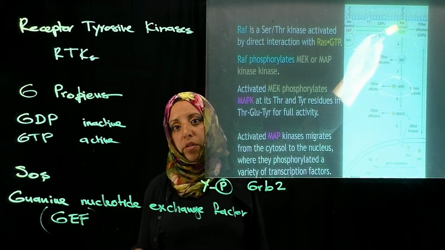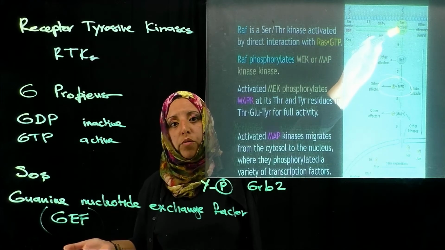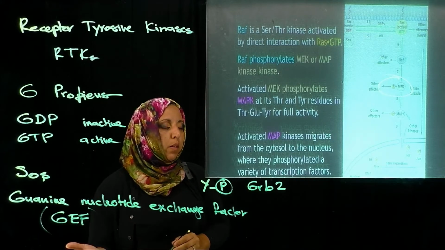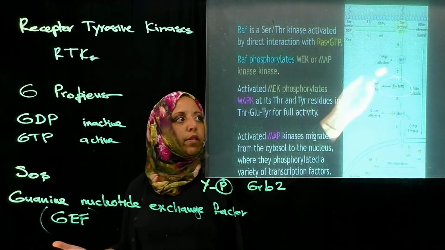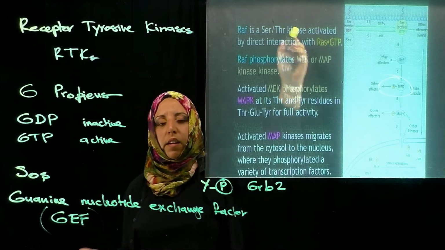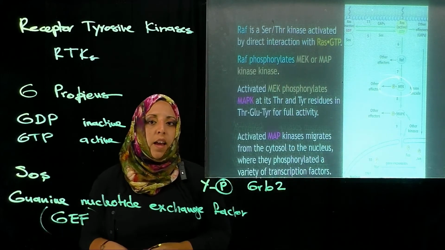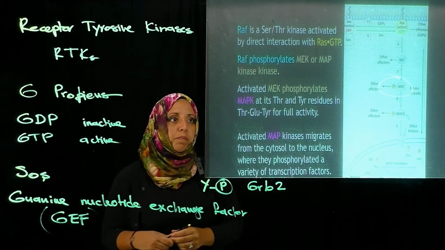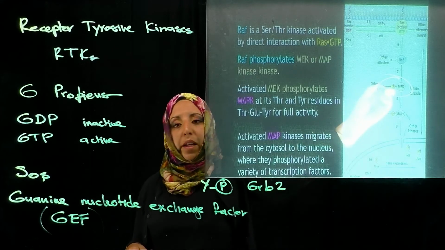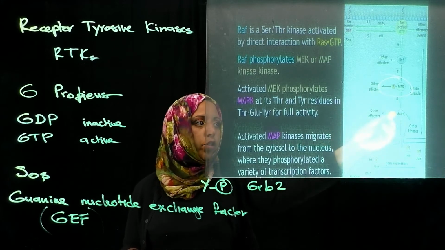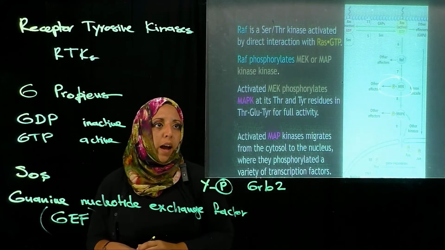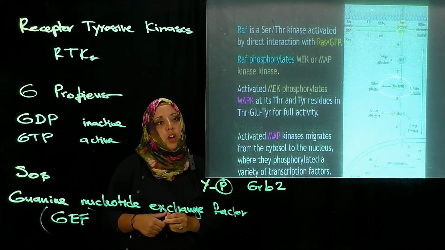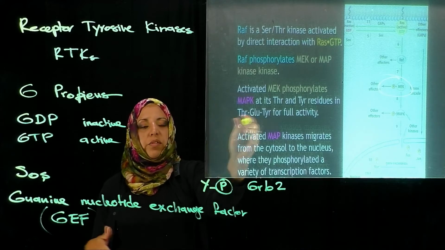RAF binds to the activated Ras only once Ras is activated and is bound to GTP. Once RAF interacts with it, it's a serine threonine kinase, it'll interact with MEK, and it will cause MEK to phosphorylate. And once MEK is phosphorylated, it in turn will phosphorylate MAPK at either its threonine or tyrosine residue at a specific sequence.